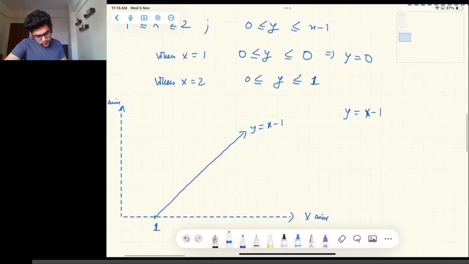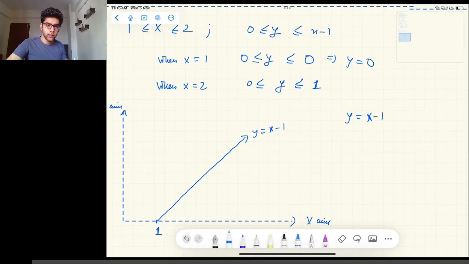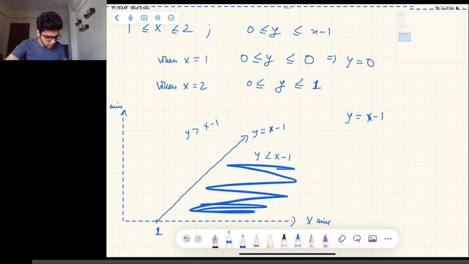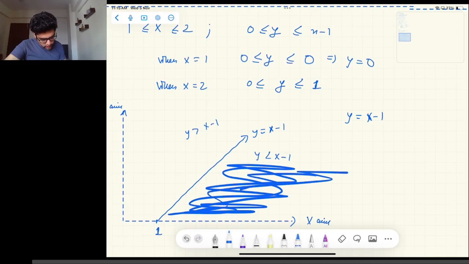And now we were given the inequality that y is less than or equal to x minus 1. So this area is y greater than x minus 1, and this area is y less than x minus 1. And we were given y is less than or equal to x minus 1. So basically all the points lying on this line, along with all the points in this area, we can include.